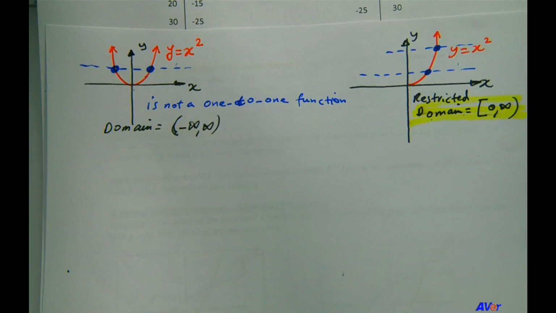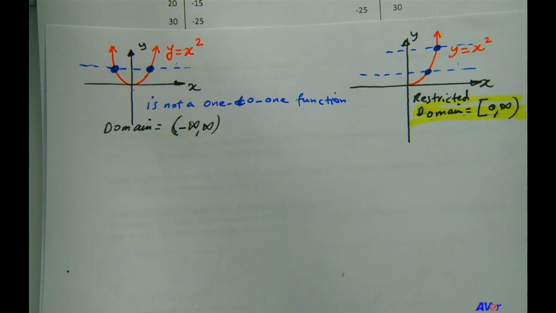Just because a function is not one-to-one in its original form, it doesn't mean that it will never have an inverse. You can make the function have an inverse if you restrict its domain over an interval such that the graph will pass the horizontal line test.